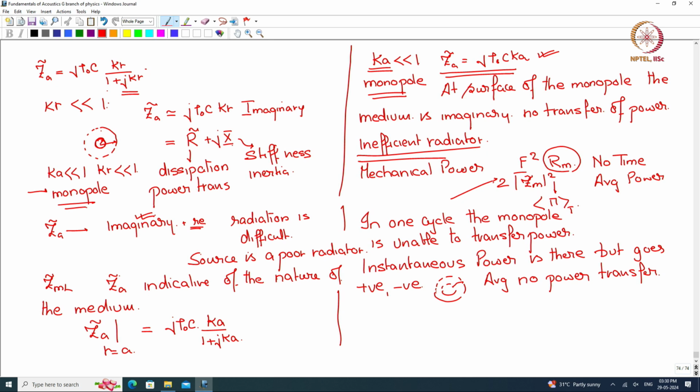So small Ka, typically low frequencies and small dimension radiators, are inefficient radiators. On their surface the rest of the medium presents an imaginary acoustical impedance, and so they find it difficult to radiate sound efficiently.